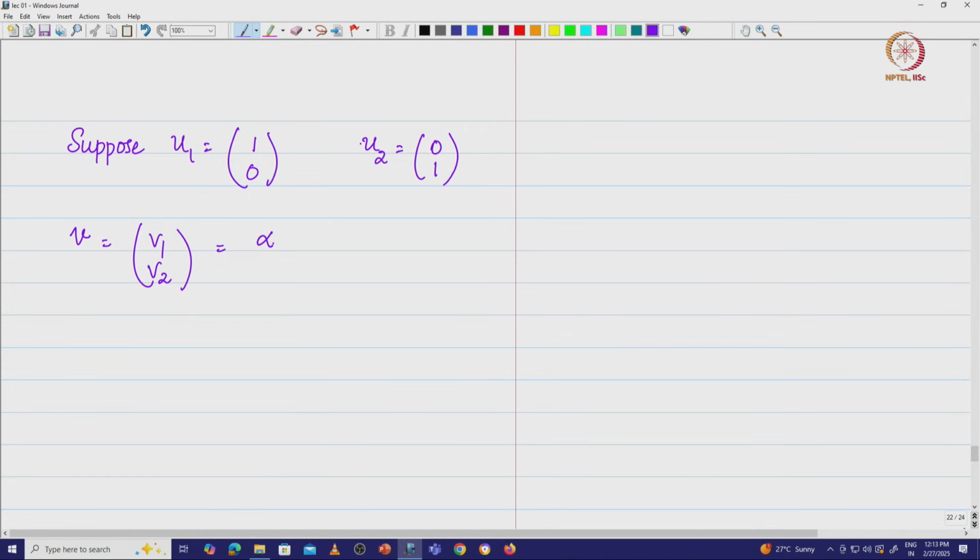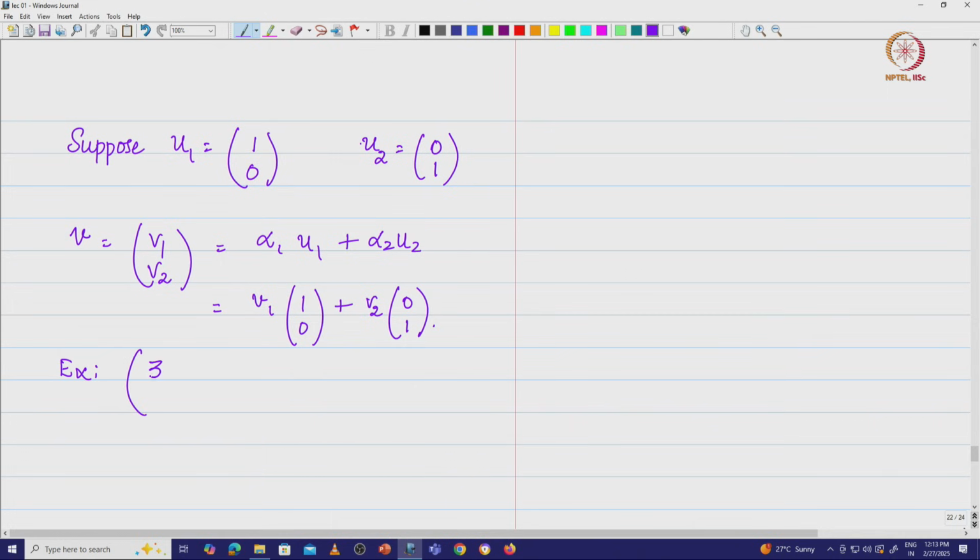So, I want to write V as alpha 1 u 1 plus alpha 2 u 2, where alpha 1 and alpha 2 are scalars. We would see that this is equal to V 1 into 1 0 plus V 2 into 0 1. So, the vector V is basically a linear combination. The simplest example would show us that.